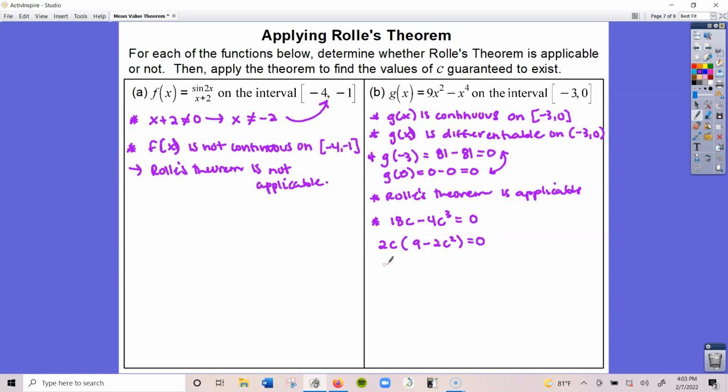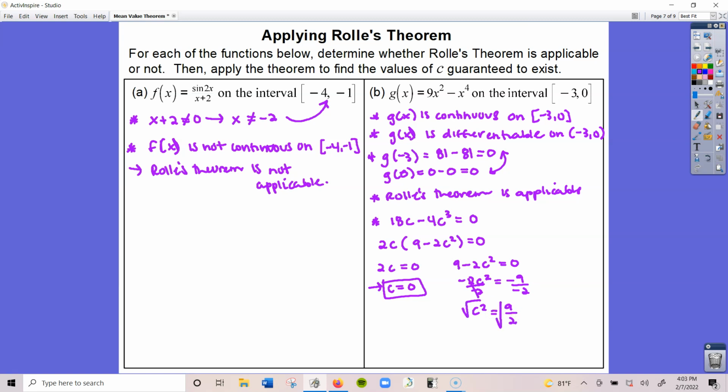If I make each individual factor equal to 0, I get 2c equals 0, and 9 minus 2c squared also equals 0. Here I would divide by 2, so c is equal to 0. Here I would subtract the 9, so negative 2c squared is equal to negative 9. Divide by negative 2. I get c squared is equal to now positive 9 over 2.